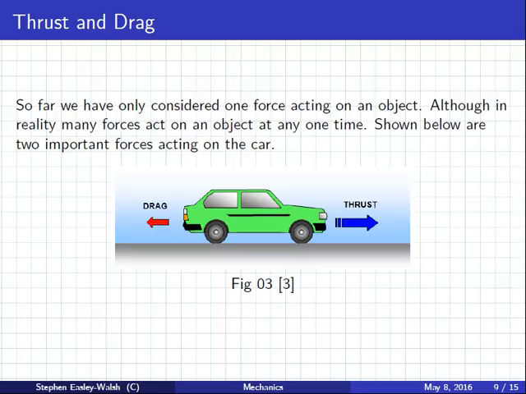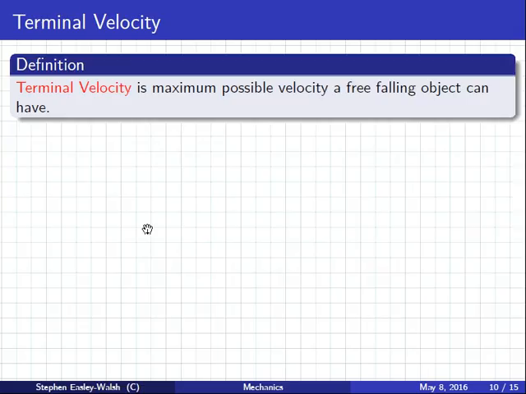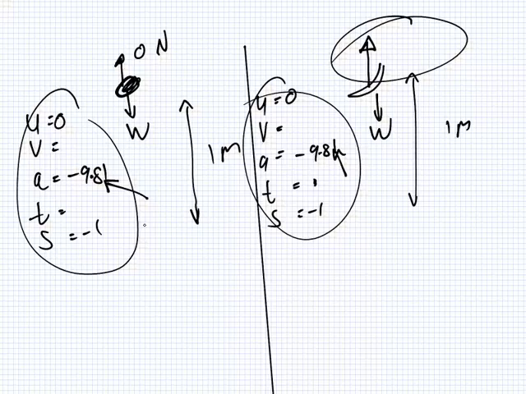Okay, do you have this? Now, terminal velocity. It's the maximum velocity a falling object can have. If we go back to this example, the bowling ball is only going to get faster and faster as it falls. But with the feather, it doesn't get faster. If you picture it, it moves down at the same speed.